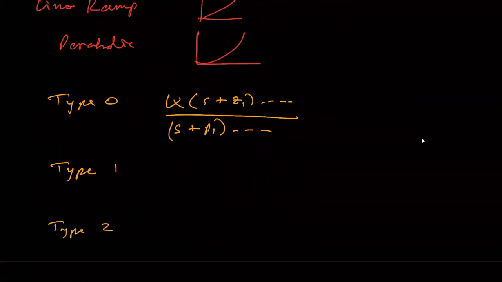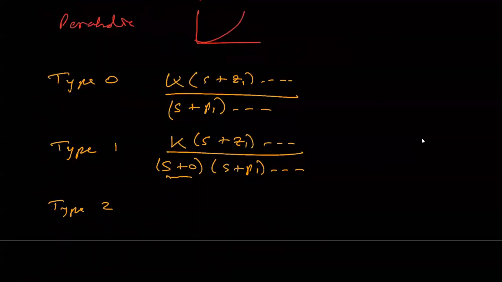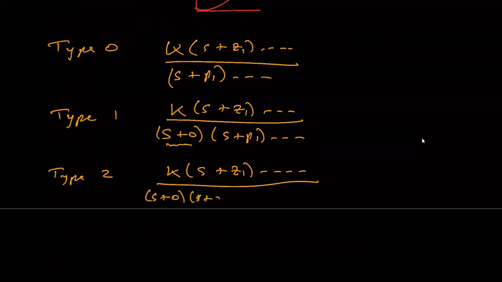To get one 0 pole, you have the same expression, but now you have an S on its own, effectively S plus 0, then S plus P1, etc. So this tells you that there's one 0 pole. Type 2 is similar, except it has two 0 poles: S plus 0, S plus 0, then the rest of it.